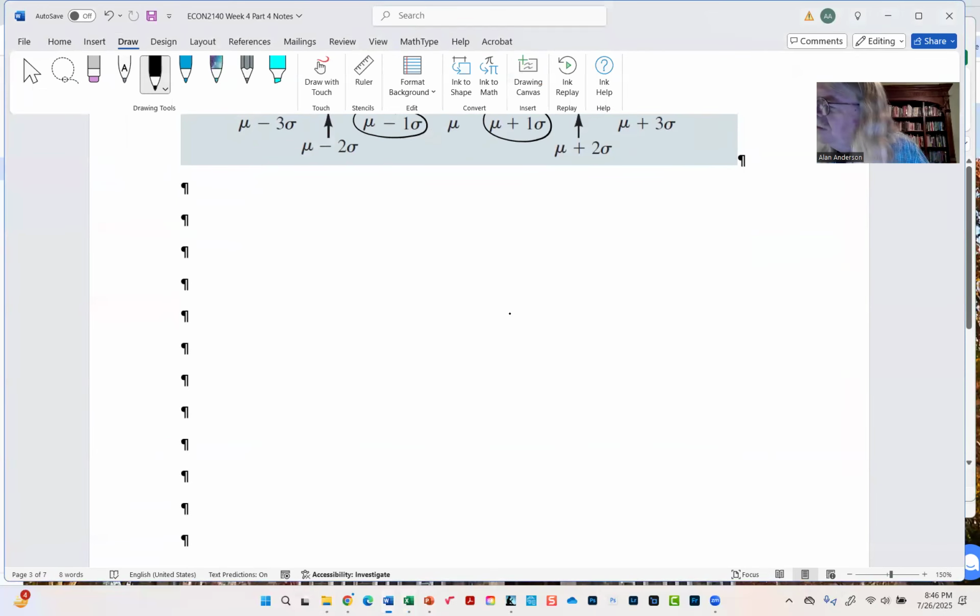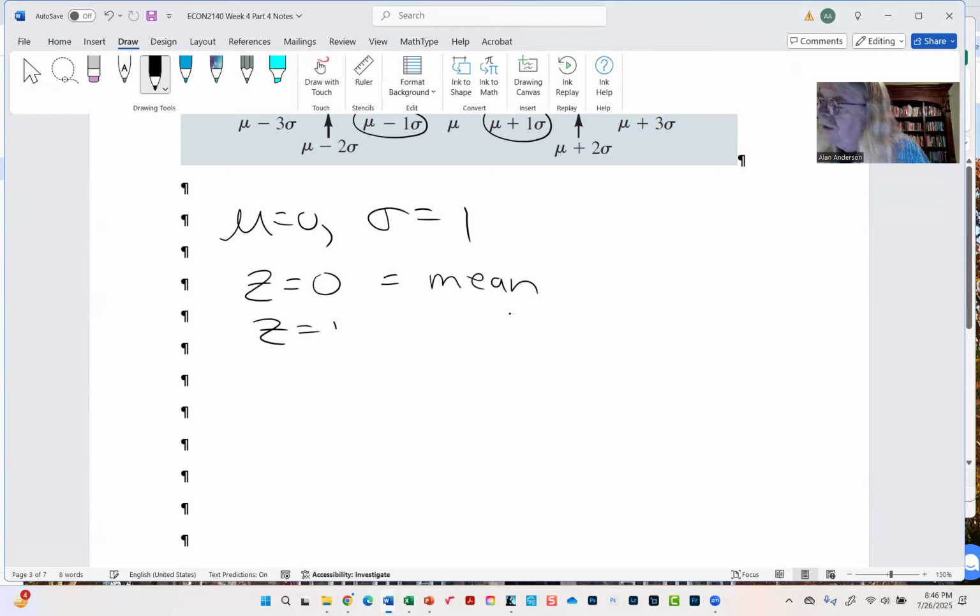With a mean of 0 and standard deviation of 1, 0 means we're at the mean. z equals 1 is the same thing as saying 1 standard deviation above the mean.